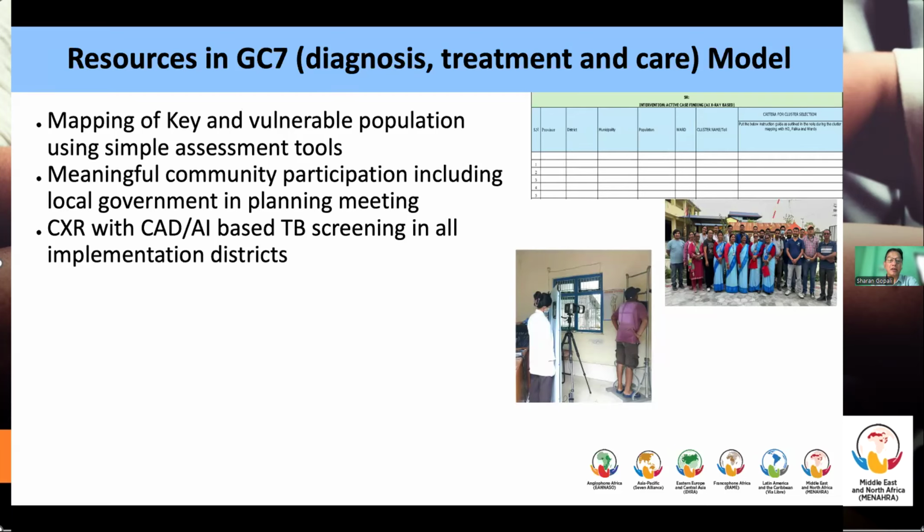It means there are some hard-to-reach and high-risk areas where we need to do proper mapping with meaningful community participation, because they know where the cases are and where the vulnerable population reside in the community. With the support of the community and local government, we developed planning, and based on their recommendation, the team did chest X-ray screening with CAD AI in the implemented districts.